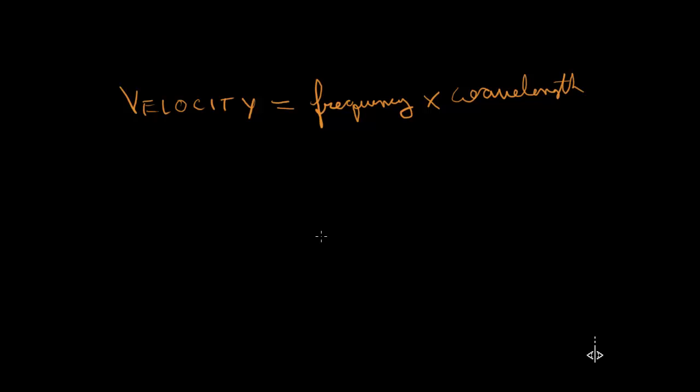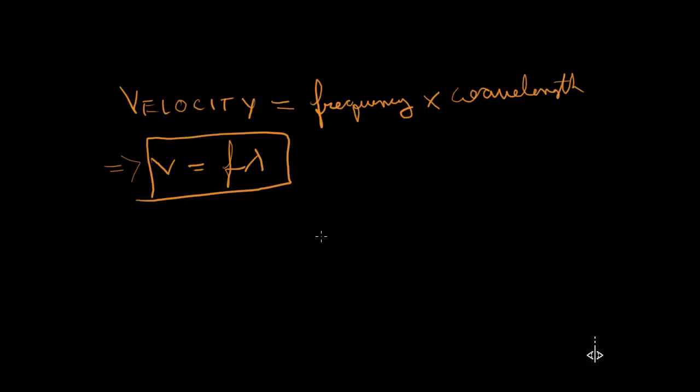That means if you know any two of these quantities, you can easily find the third one. We write it like this: V is equal to F lambda. This is a very important wave equation which you might need to use every now and then.